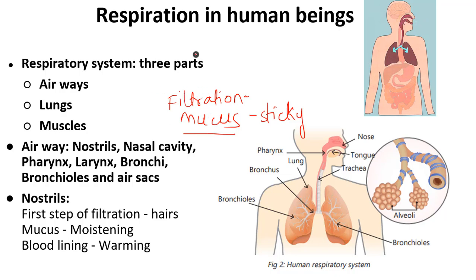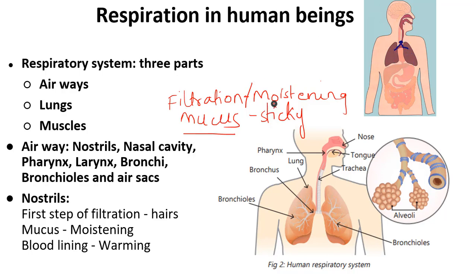So this mucus also acts in filtration, and one more function of mucus is moistening. Since it is a sticky substance, it has some water. This water adds humidification, or adds some amount of water to the air, and hence moistens the air. Moistened air is required so that it does not damage the delicate tissues present in the lungs.